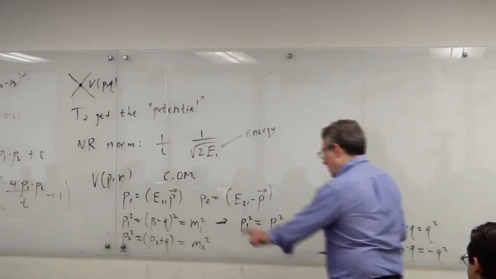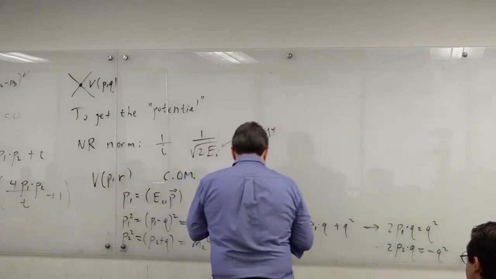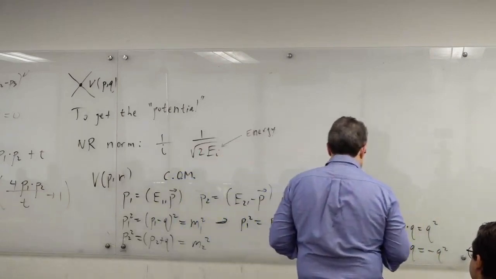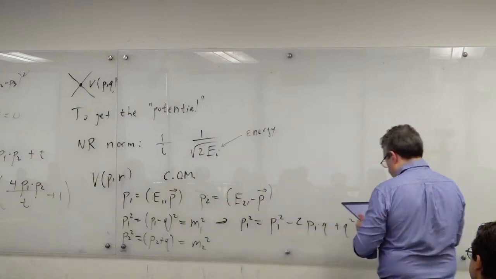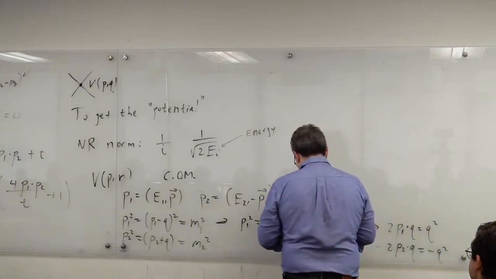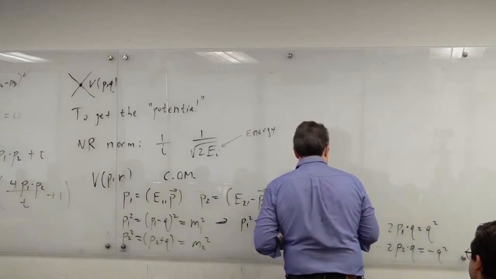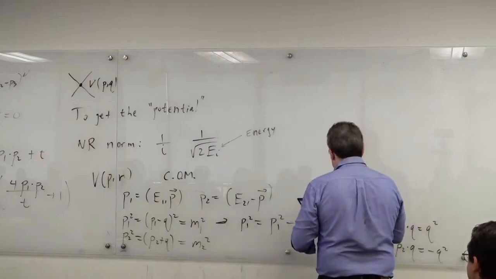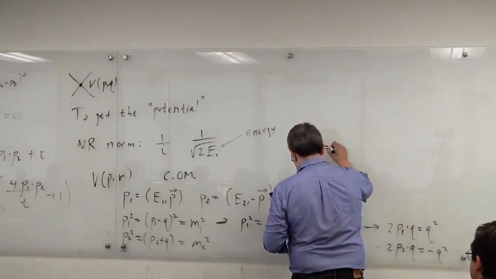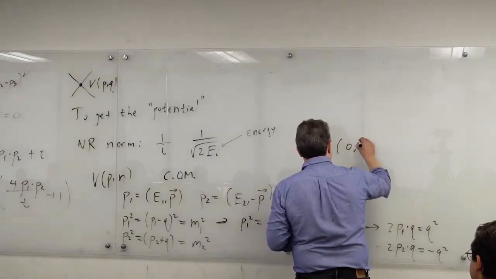Okay? And now we look at the center of mass, and what's the solution for this? If we put this together, what solves this is Q equal to 0 in the energy component.